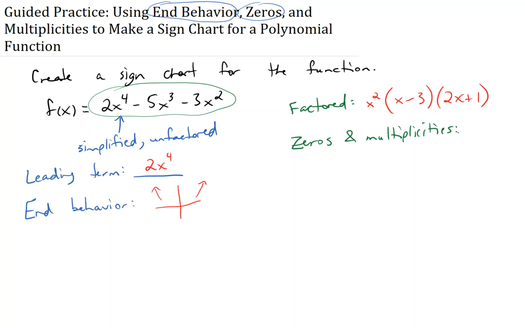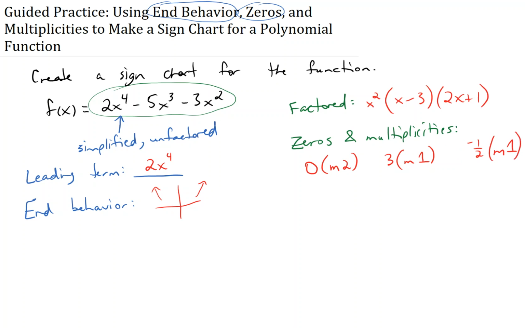So pause the video, see if you can list those, and then come back and check your answers. Okay, so the zeros are 0 with multiplicity 2, 3 with multiplicity 1, and negative 1/2 with multiplicity 1.